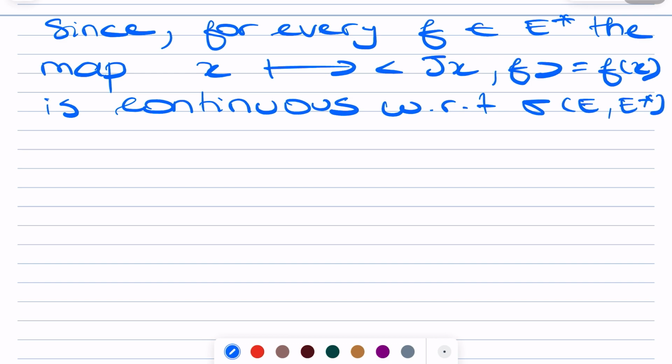Of course, this is again in view of Proposition 3.2.